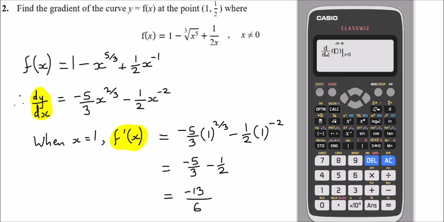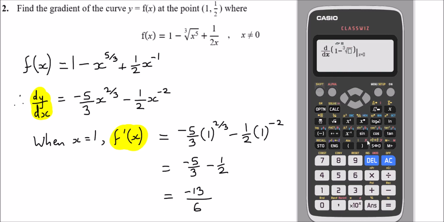And so we want the derivative of our initial function, which is this. Okay, so I'm going to show you. You can type this in without any manipulation and it will do it for you. So 1, then it's going to be minus the cube root, so shift square root, then we're going to have x to the power 5 on the inside.